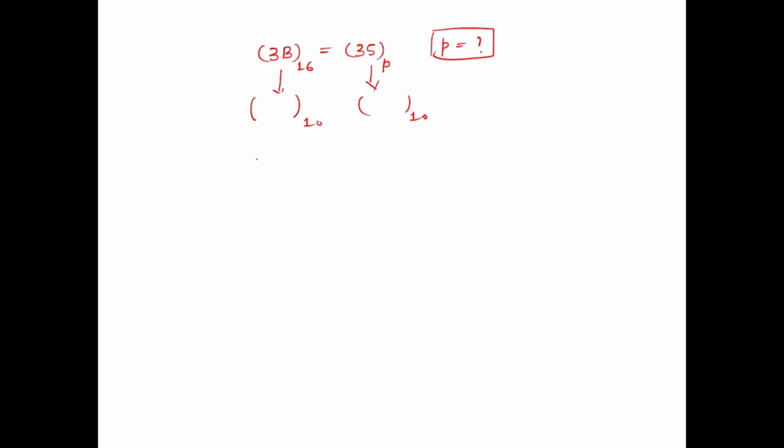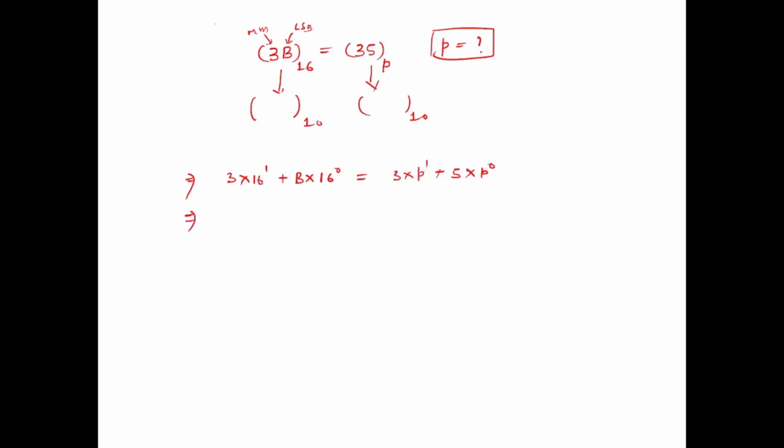So here 3b is given, which is in the hexadecimal number system. If we convert to decimal, here this is your LSB and this is your MSB. LSB is b, that means b will be multiplied with 16 to the power 0, plus 3 will be multiplied with 16 to the power 1, which will be equal to 5 into p to the power 0 plus 3 into p to the power 1.